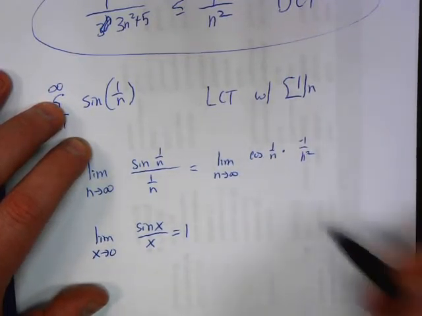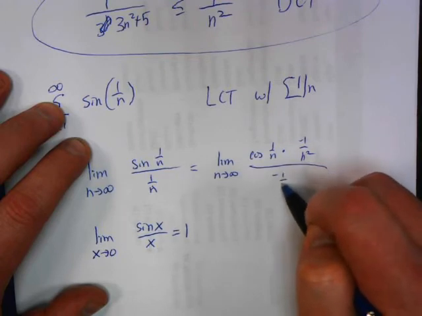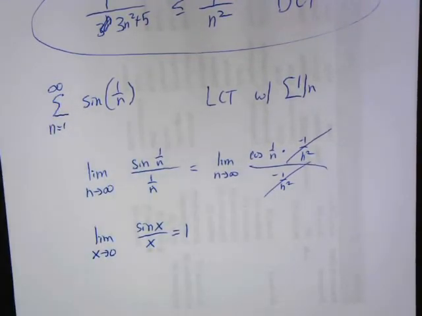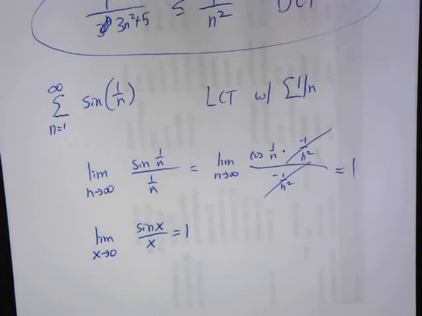The reality is it doesn't matter what the derivative of 1 over n is, because on bottom I also need to take the derivative of 1 over n. So if I have the derivative of 1 over n on bottom and I have the derivative of 1 over n on top, they're going to cancel out. Cosine of 0 is 1. I think that's how most people would have answered that problem. That's how I would have answered it. But I like Edward's answer very much. That's a very good answer.